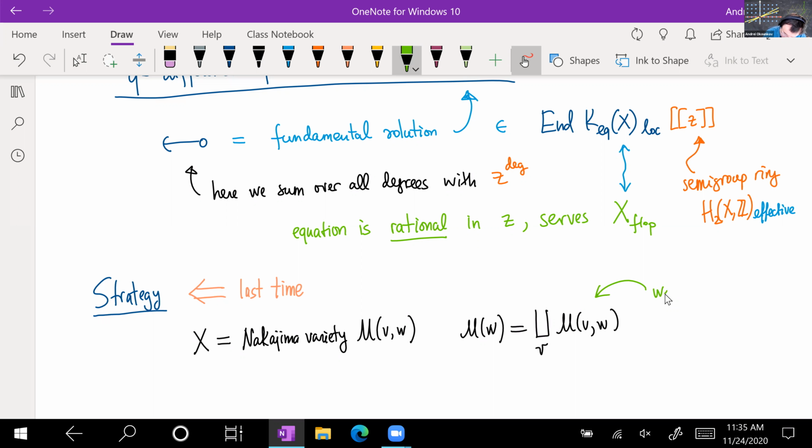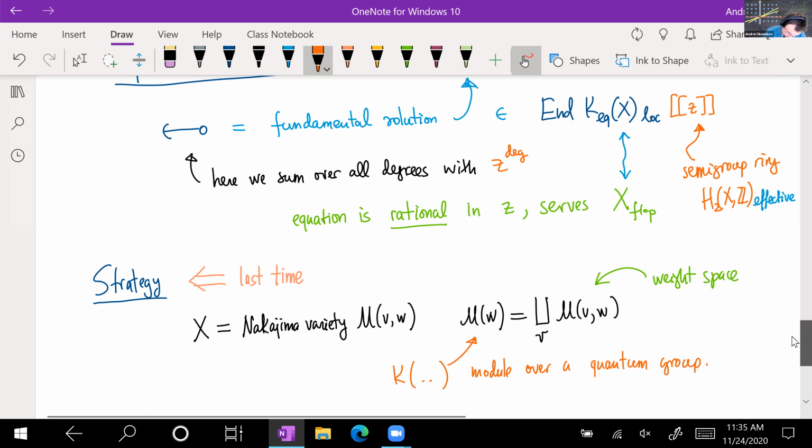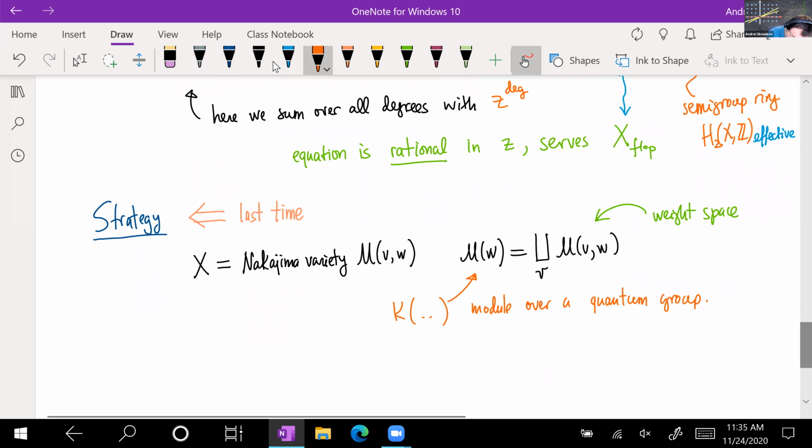This is like a weight space, and the K-theory of that is a representation, a module over a quantum group. These form a tensor category.